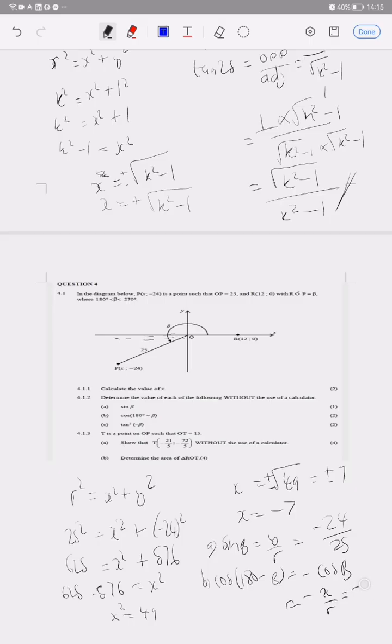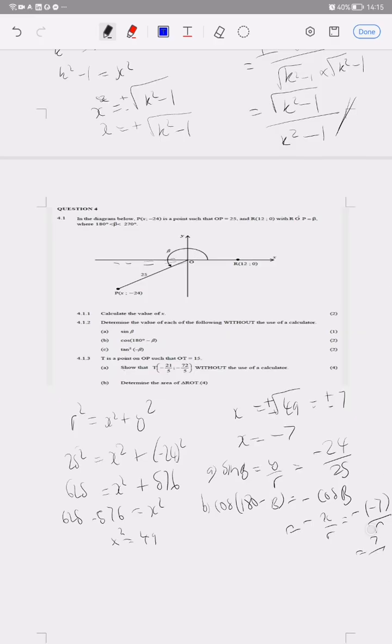What is my x? Negative 7 over r, so this becomes 7 over 25. So it's 7 over 25.